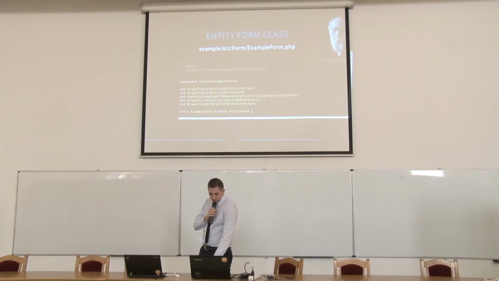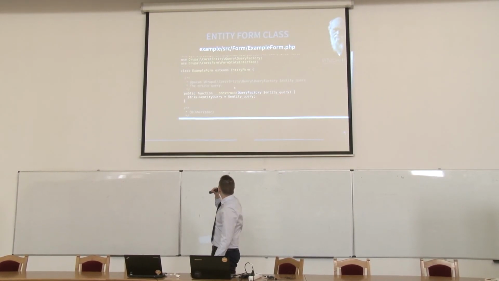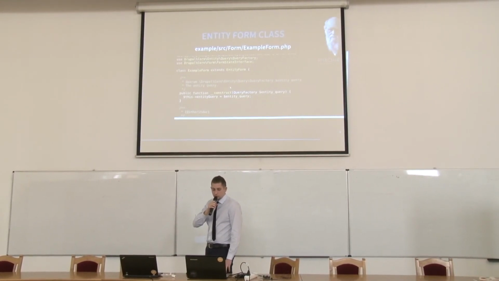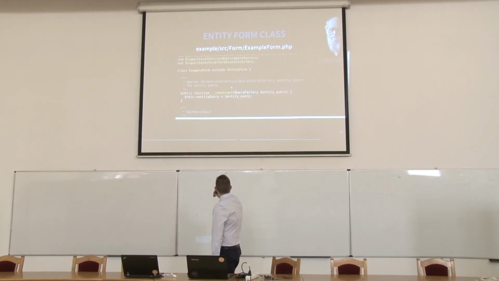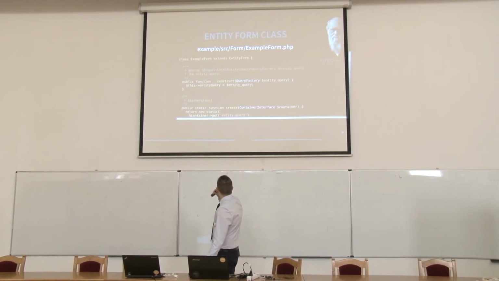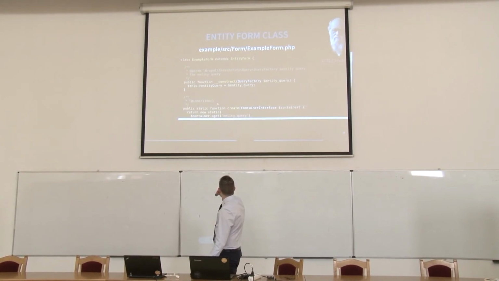Then we have the entity form class that extends the entity form, which is the base class for entity forms. We have the constructor, where we have the query factory that is injected with dependency injection. We set which service we want in the create method.